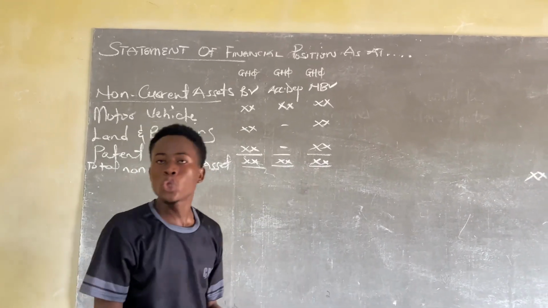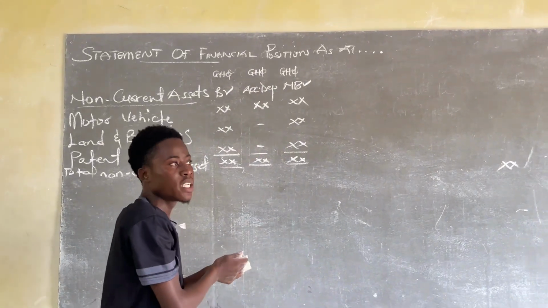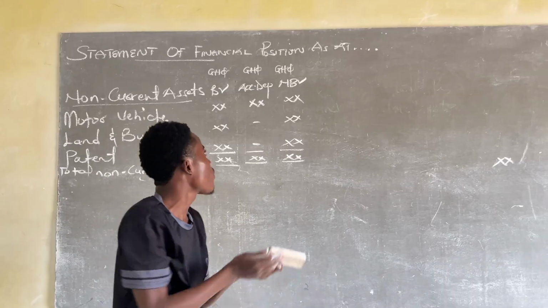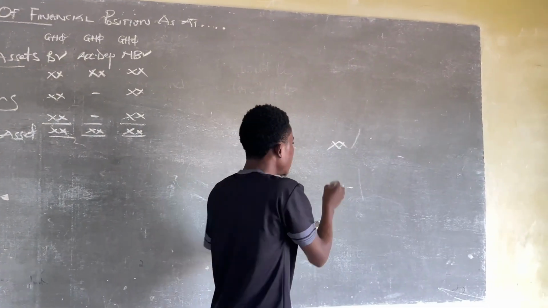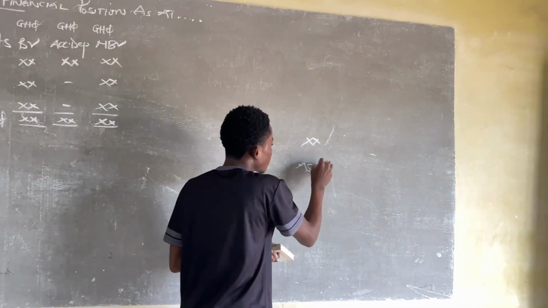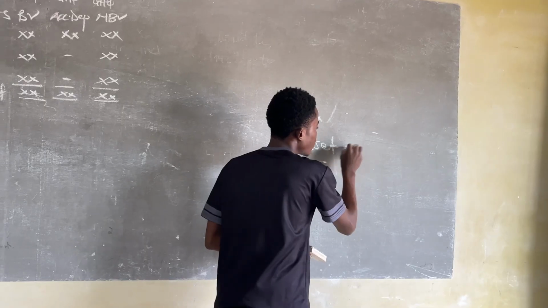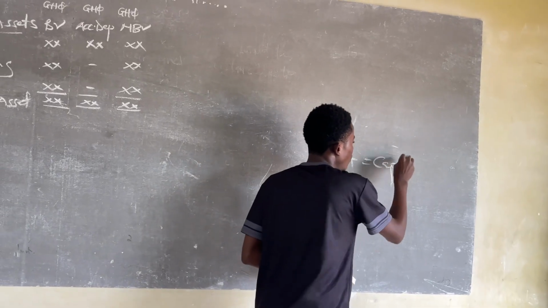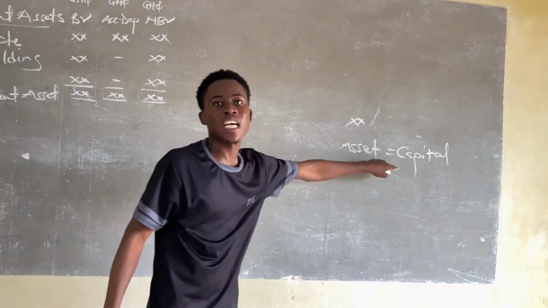And then viewers, you should note that the basis of the statement of financial position we are preparing is the accounting equation, which is asset equals capital. Someone asks why asset equals capital.